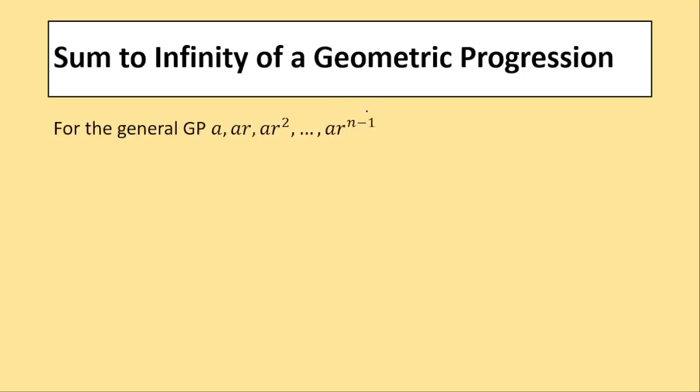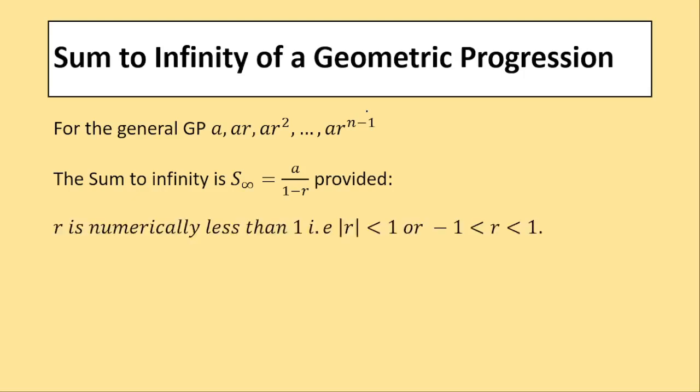So for the general GP, a, ar, ar raised to the power 2, and so on, the sum to infinity is a over 1 minus r, provided that r is numerically less than 1, provided that r is between -1 and 1.